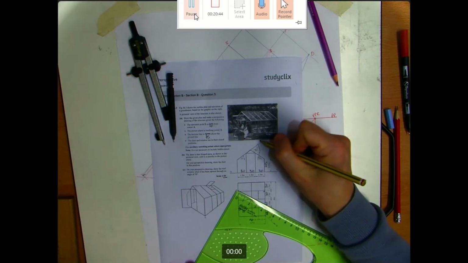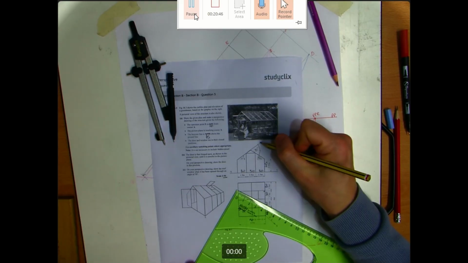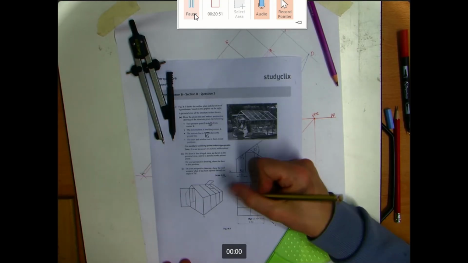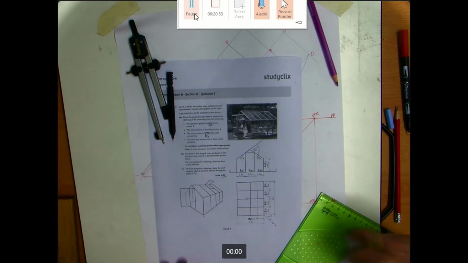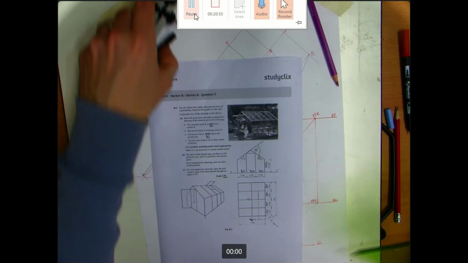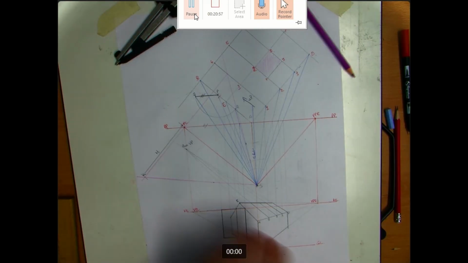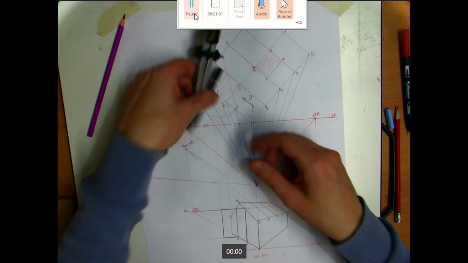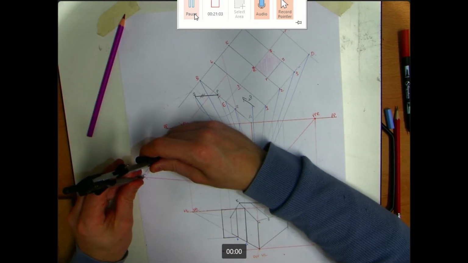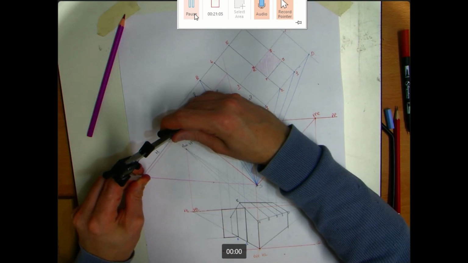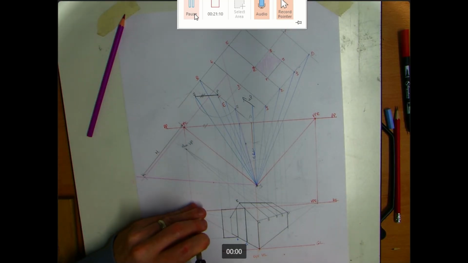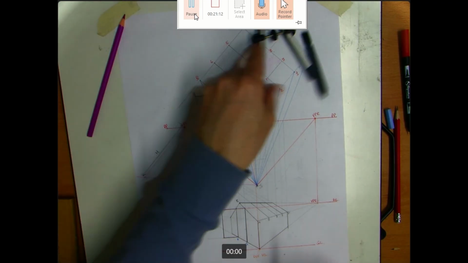So this slope of 35 degrees, but it's going downhill as it gets further away from us. Okay, so it's going to go downhill as it gets further away from us. So we're going to use the exact same angle or slope of 35 degrees, except this time I'm going to take that measurement of H and I'm going to apply it below the horizon line.